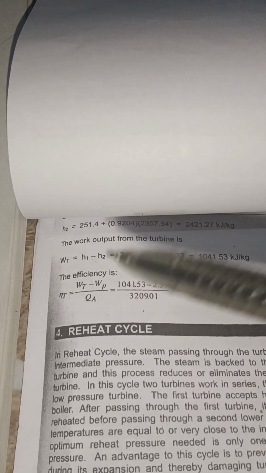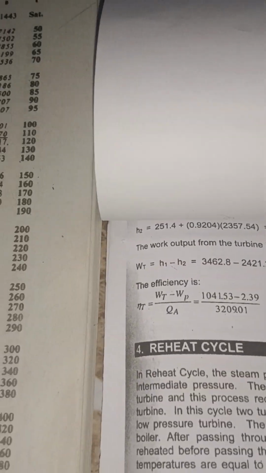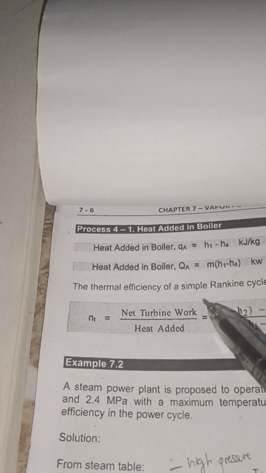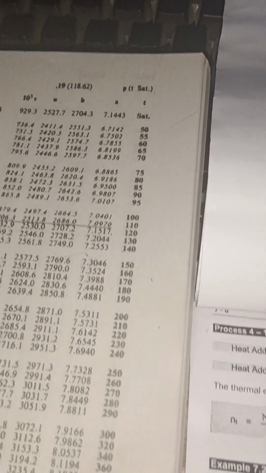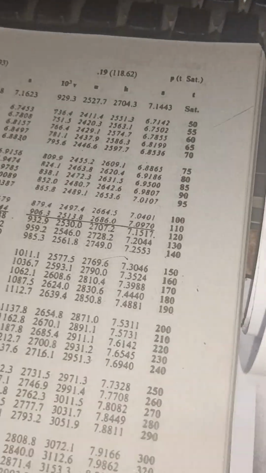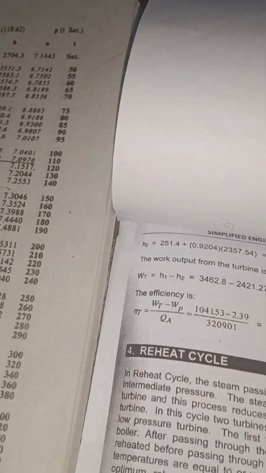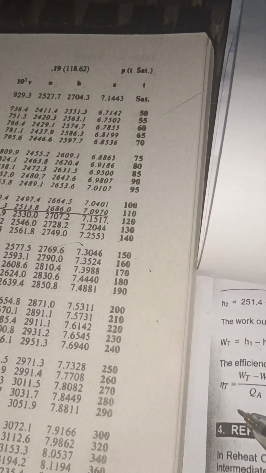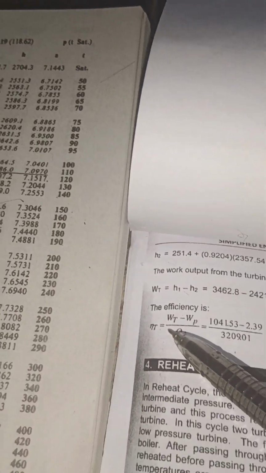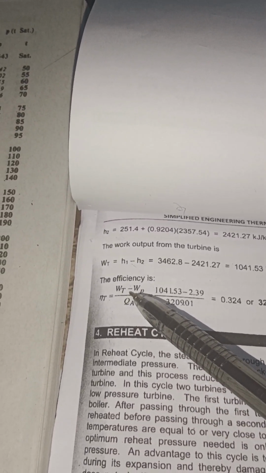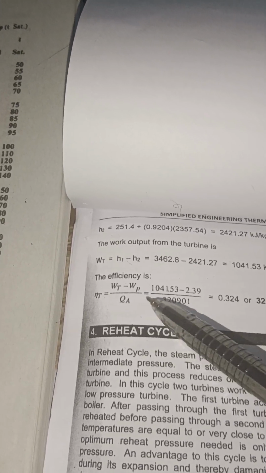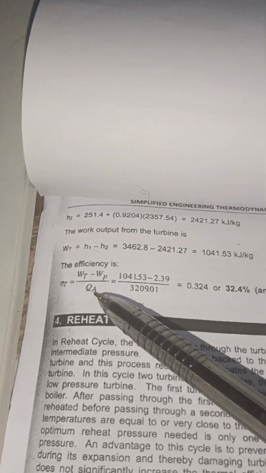So here is the thermal efficiency of a simple Rankine cycle. We can solve this. So the efficiency is equal to turbine work minus pump work over the heat added.